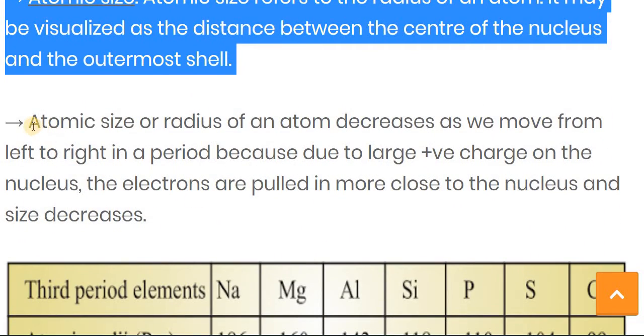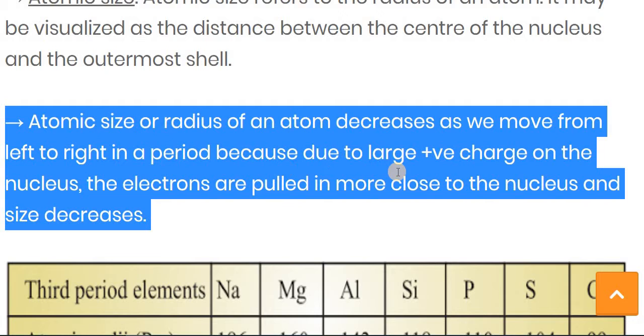The atomic size or radius of an atom decreases as we move from left to right in a period, because due to the large positive charge on the nucleus, the electrons are pulled in more close to the nucleus, and the size is decreased.